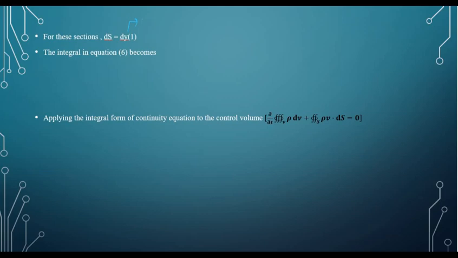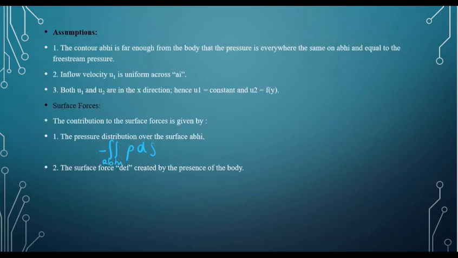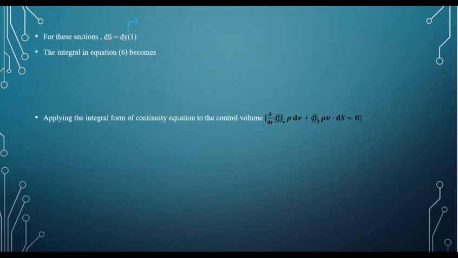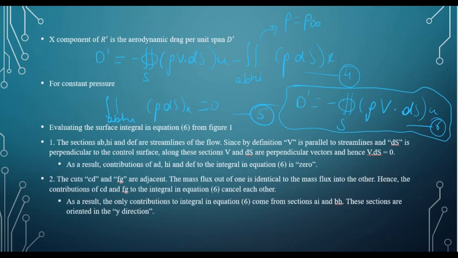And the sections are the perpendicular sections of our control volume, which are AI and BH, because all the others have 0 contribution in this integral.